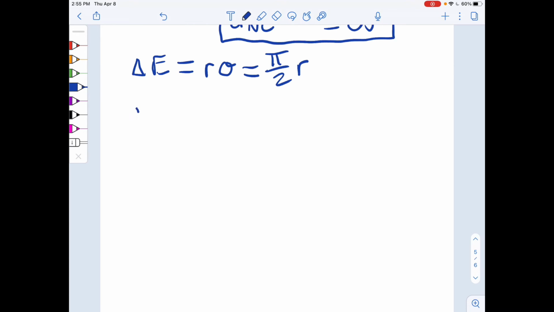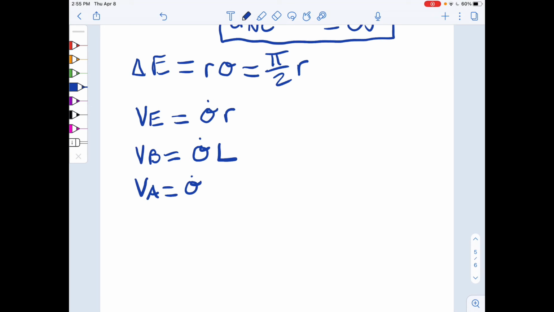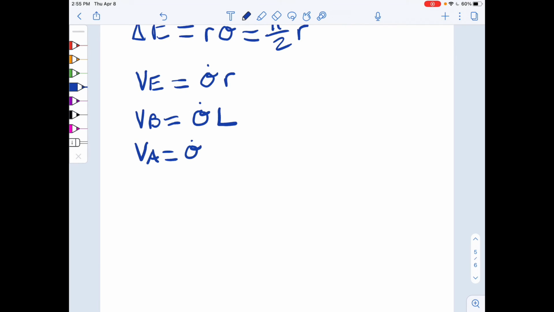So we have VE is going to be the rate of change of theta, theta dot, times our distance, which is R. And then we're going to have VB be equal to theta dot again, times the distance that B is from our zero reference, so that would be L, and VA would be theta dot once again, and the distance from the zero reference is 2L.